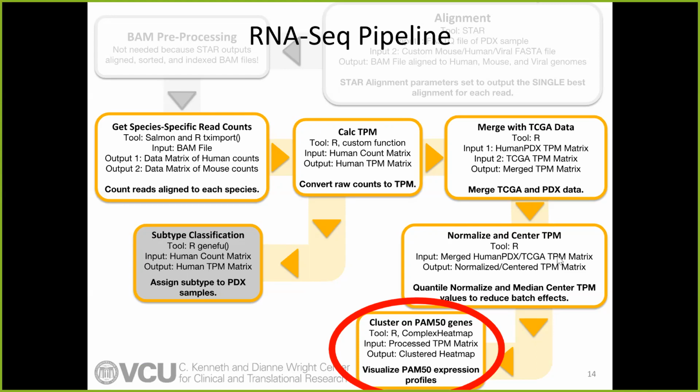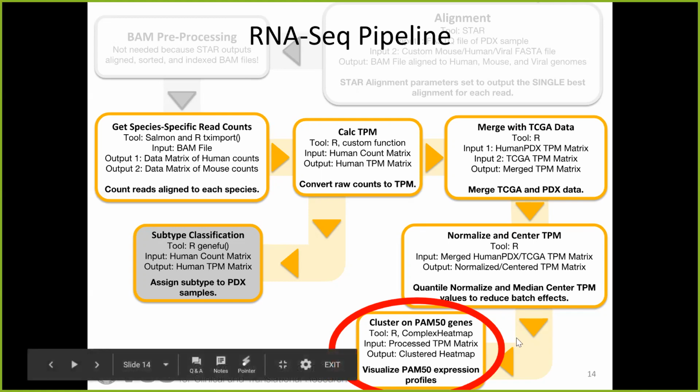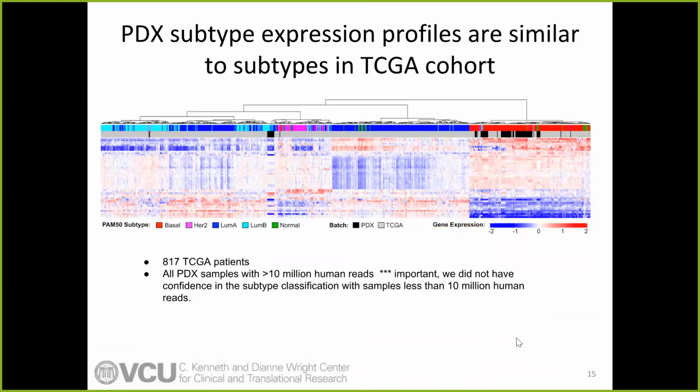So this is some additional pre-processing because you're going to have batch effects from our PDX samples. The TCGA data was processed differently as PDX versus human, although we want to keep those differences. So we did this normalization to reduce batch effects, and then centering just helps view it on the heat map a little better. And so then we took those genes and just clustered them on the heat map to visualize the profiles.